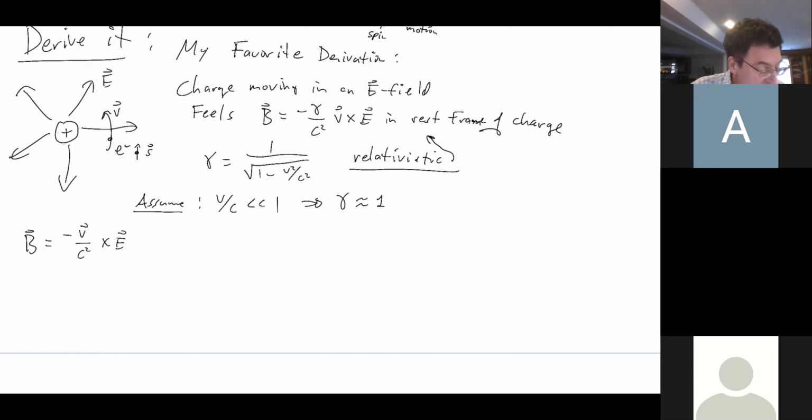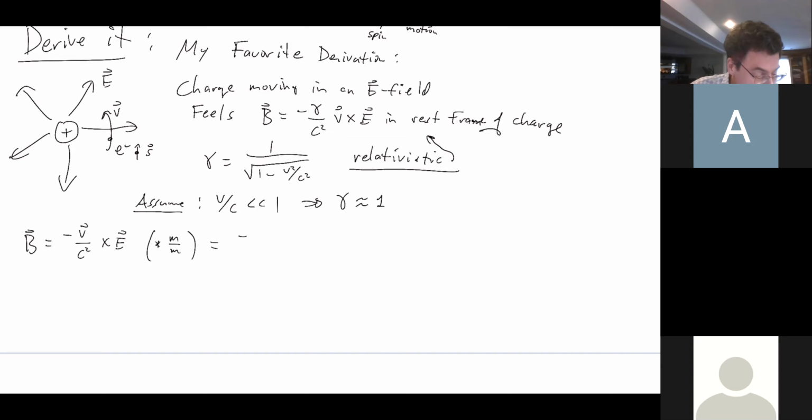Now let's do some little tricks. The first little trick is to multiply by m over m. When we do that, the m times v on the top turns into a p.